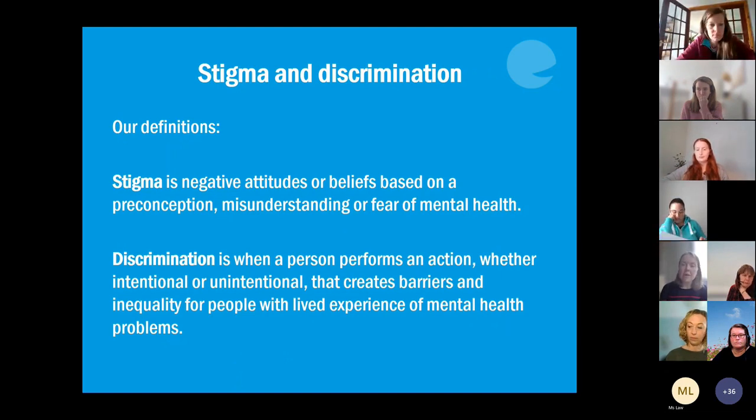We like to think of stigma as the thoughts, and discrimination as the actions. We've also found, especially when doing the pupil sessions, that it can be quite effective to lead with discrimination. A lot of the young people we've done the training with can give clear examples of what discrimination might be beyond mental health, such as sexism and racism.